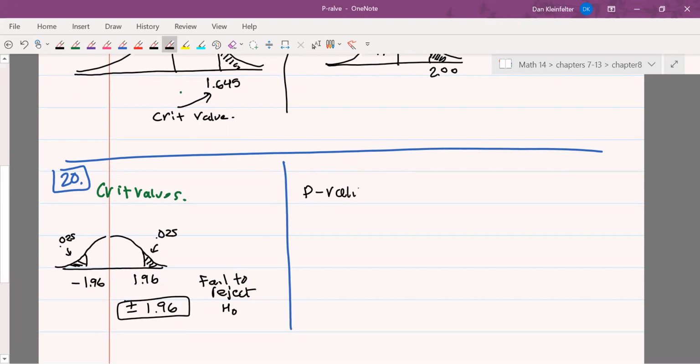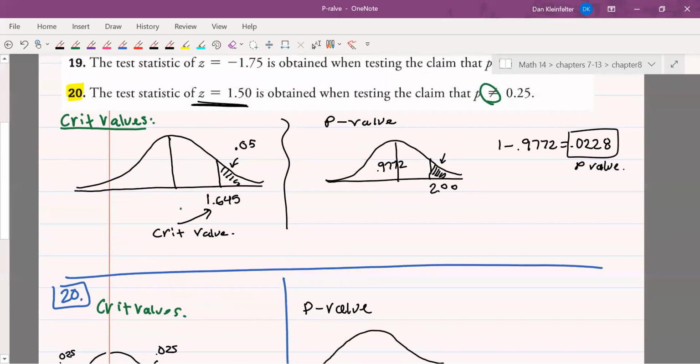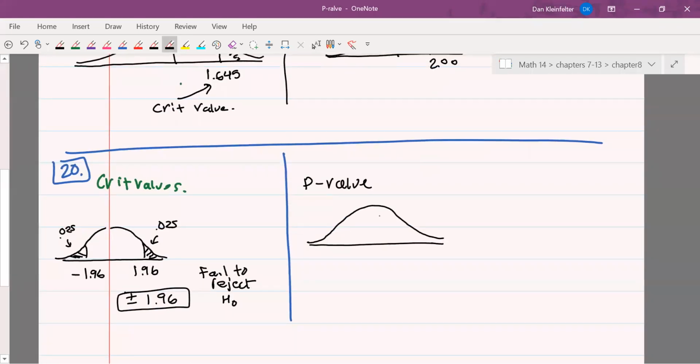Okay, so now we'll be doing the p-value next. So for the p-value, again with the little picture, our test statistic was 1.50. So 1.50 here, and then we're going to find the area in that tail. Again, looking to our Z table, it's 0.9332 to the left.